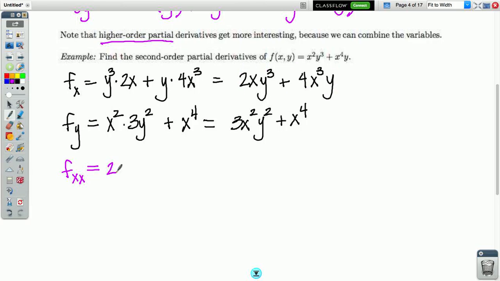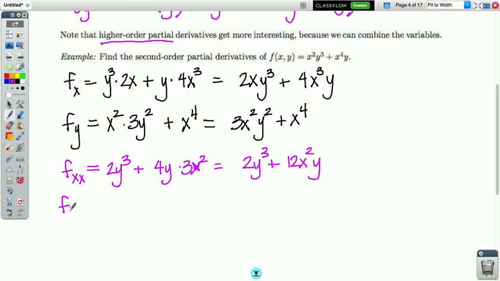And you can check my answer here, but it is going to be 4y and then 3y squared, 3x squared. So when I simplify, 2y cubed plus 12x squared y for my second order partial with respect to x.